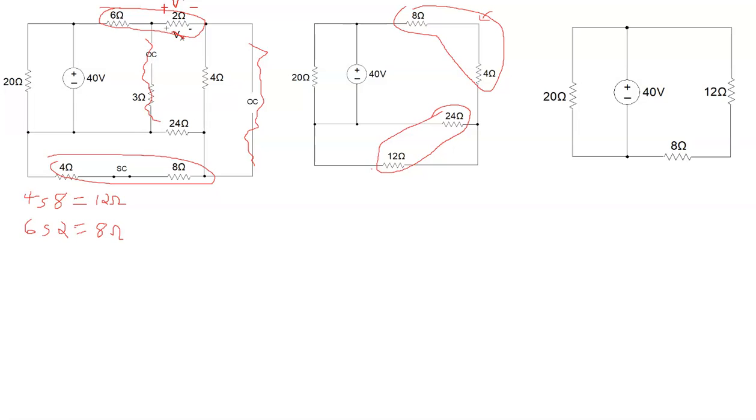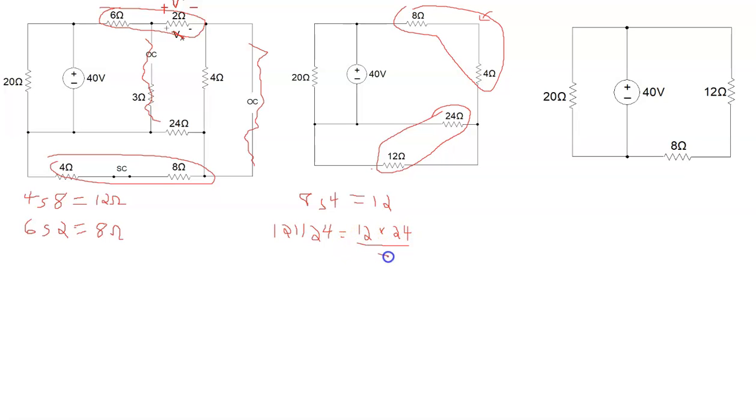So we want to say now that we have 8 in series with 4 equals 12. We have 12 in parallel with 24, and so that gives us 12 times 24, product over sum, right?